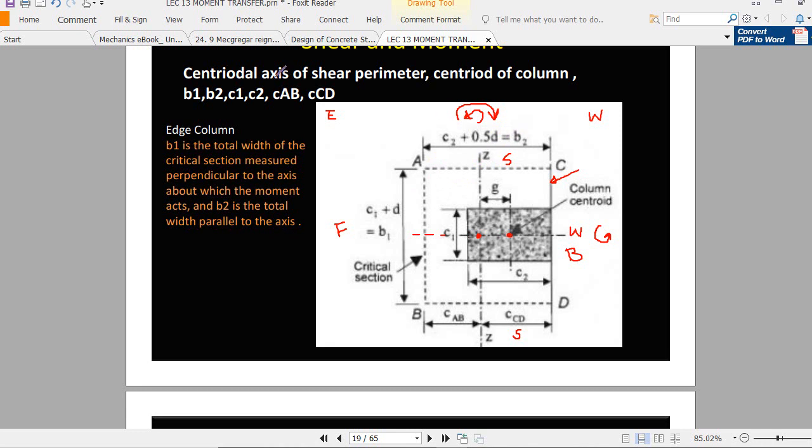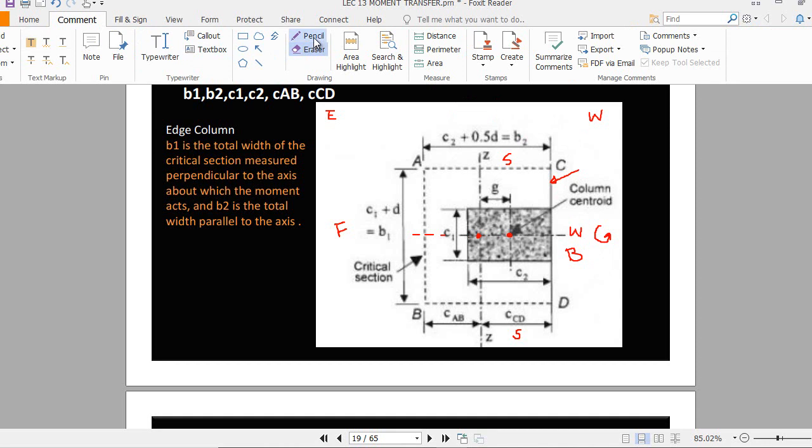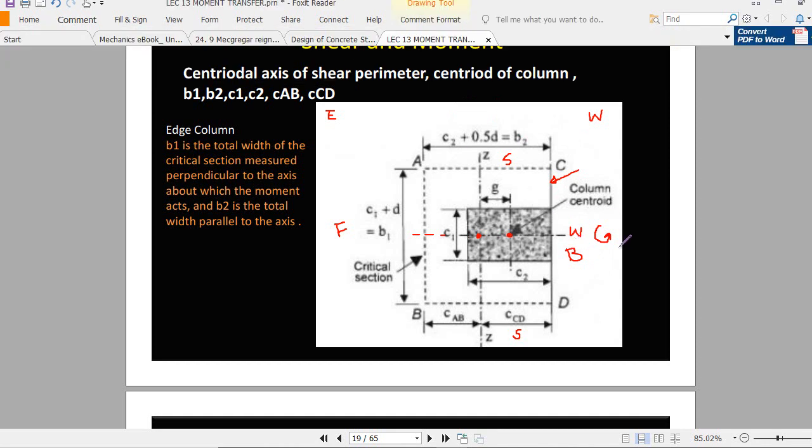You have to understand this right now. Let me rub this out, because you don't need to be confused with this. We come back here. See, we are considering, let's say, the moment about the z-axis. This is very important. You must understand B1 and B2.